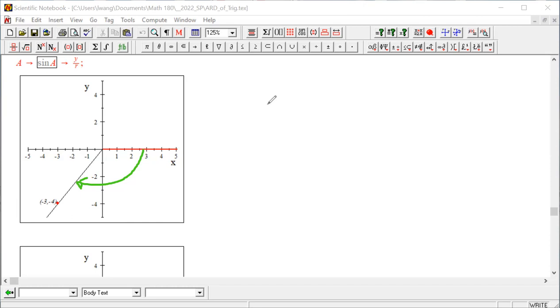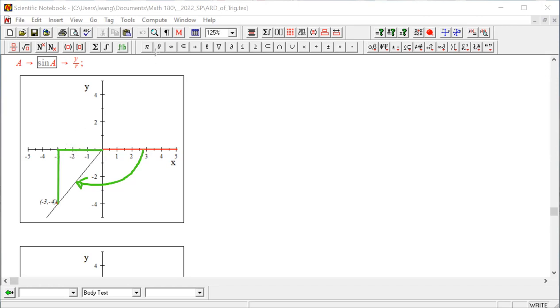But first, we need to understand what -3 is and what -4 is. So -3 is that much. That's -3. And what's -4? This is -4.